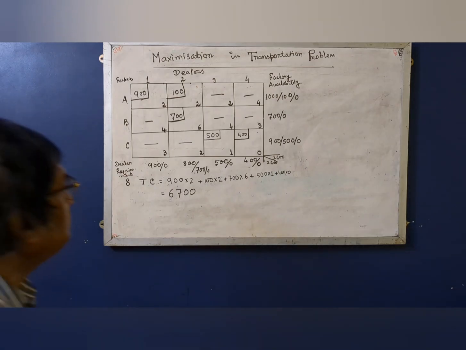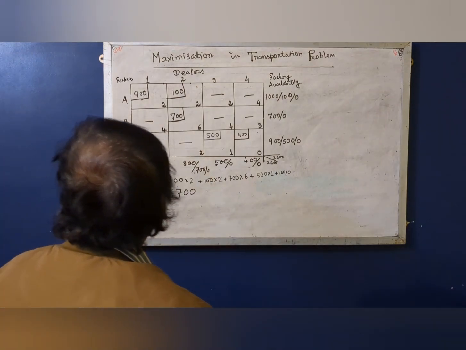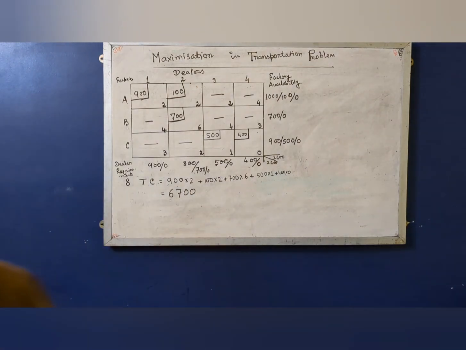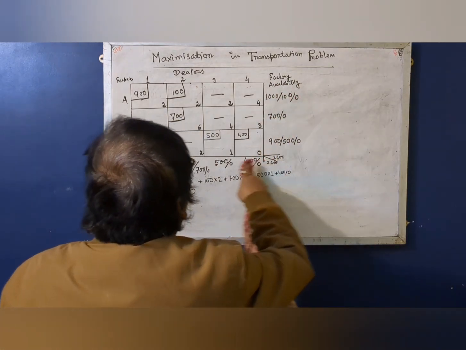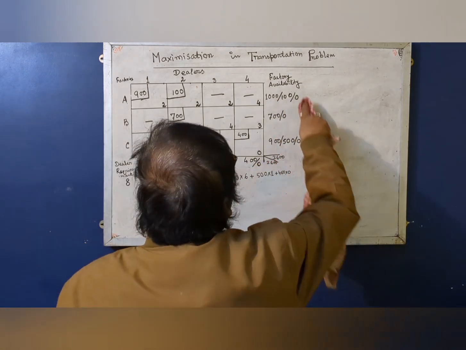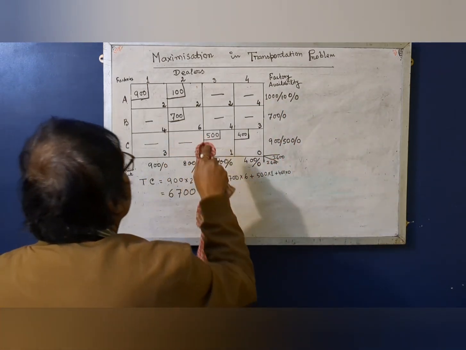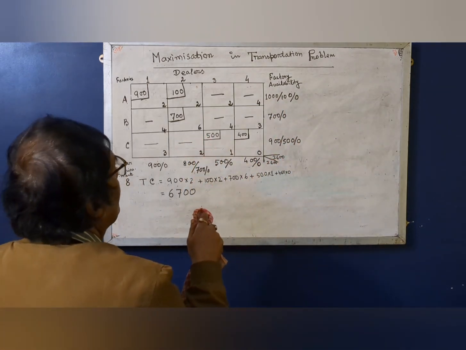Now I am going to discuss the MODI method. Just to save space, I am erasing all this because it will not be required for the next step, and the same matrix we will use for applying MODI.